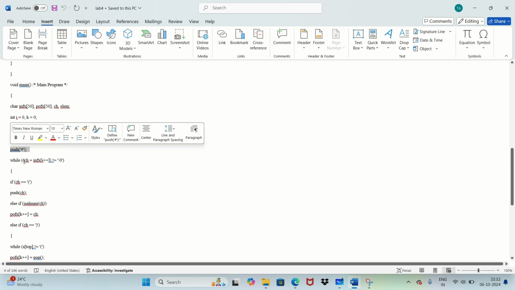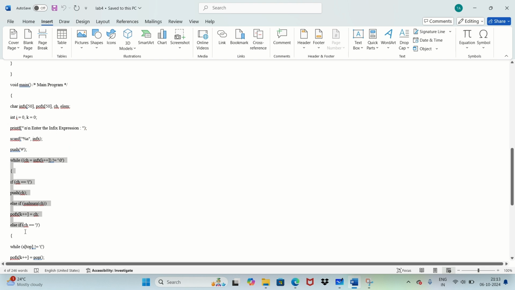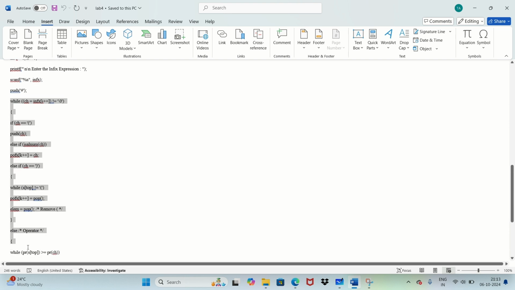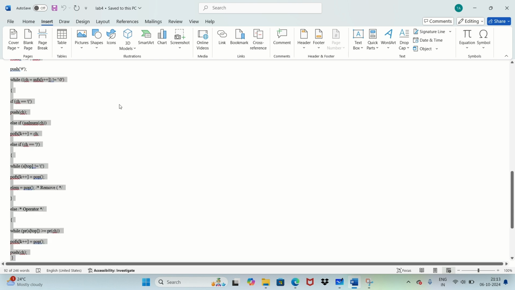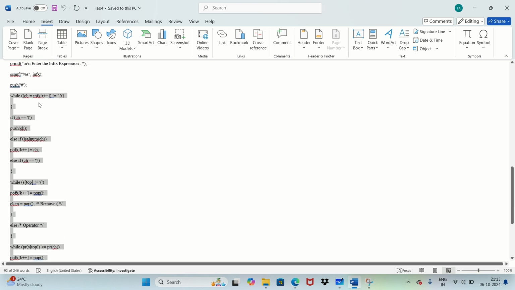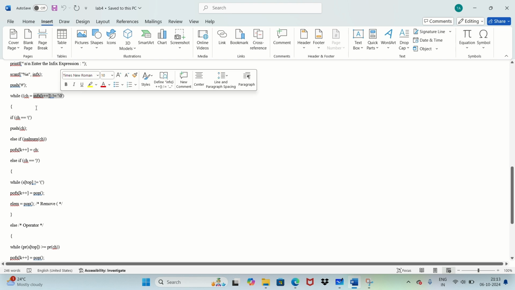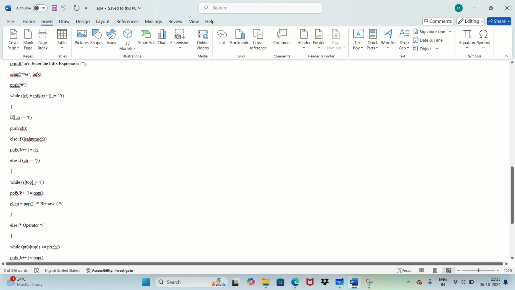Now this while loop goes on till your infix expression finishes. First it takes the first character from the infix.